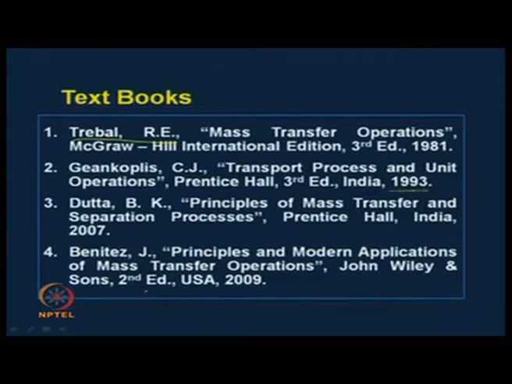Datta BK, Principles of Mass Transfer and Separation Processes, Prentice Hall, India, 2007. Benitez J, Principles and Modern Applications of Mass Transfer Operations, John Wiley and Sons, 2nd edition, USA, 2009. So, these are the 4 textbooks we will mainly follow.